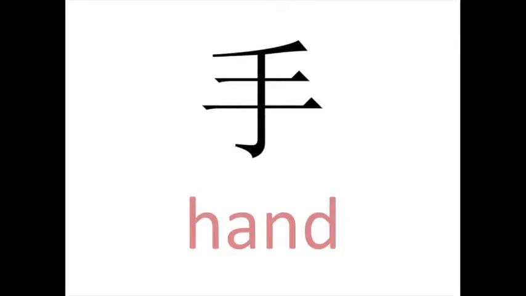The next character we're going to learn should look familiar because we learned a radical that looks like a variation of this. It's the character for hand, right? And it kind of looks like a hand standing up, like stop, hand. And the next character we're going to learn is the character for book. This one, it's pretty simple.